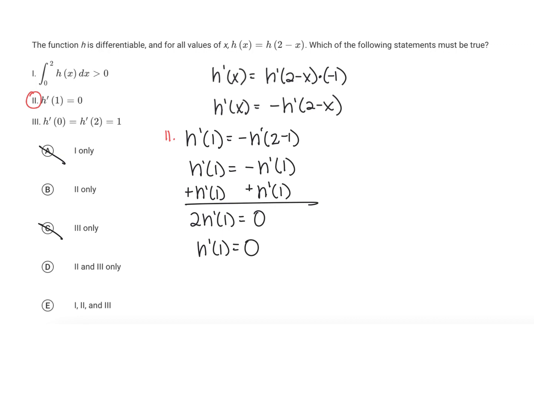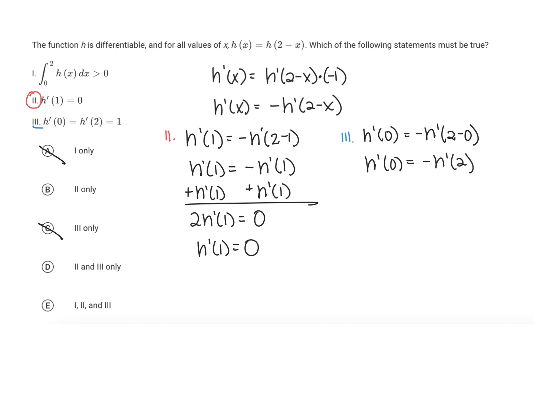Condition 3 says that h prime of 0 equals h prime of 2, which has to be 1 everywhere. Let's see if we can work through that. H prime of 0 equals negative h prime of 2 minus 0, and we get h prime of 0 equals negative h prime of 2.